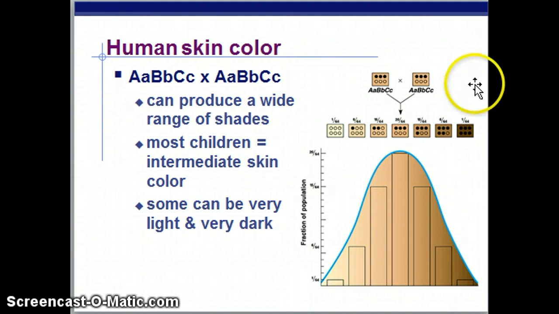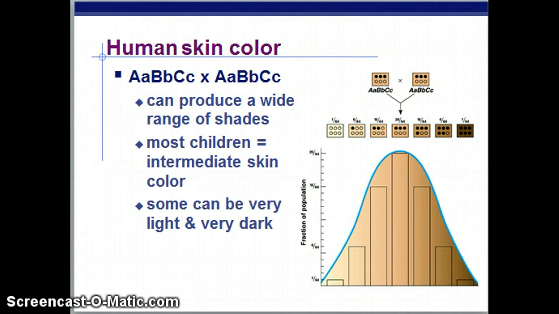So here, if you look at this little chart, basically the colored in dots are representing the dominant allele, while the uncolored dots are the recessive. So both parents are heterozygous for each gene. So we have big A, little a, big B, little b, big C, little c.